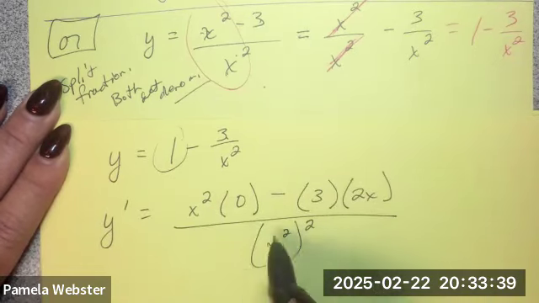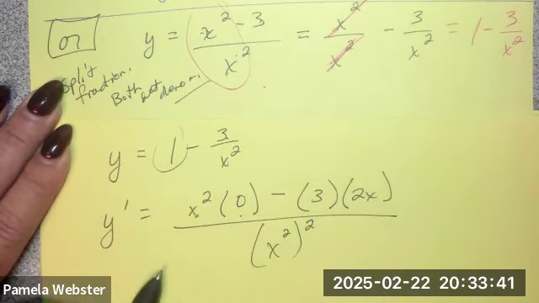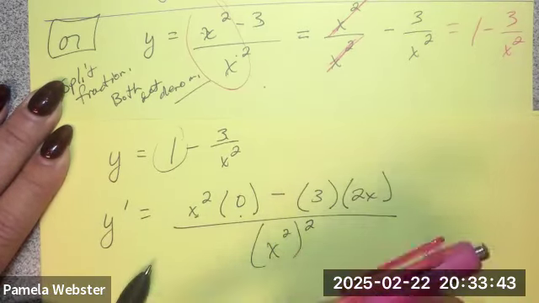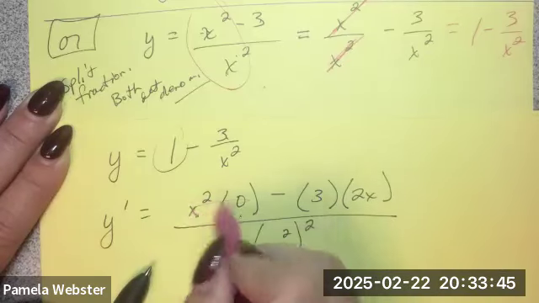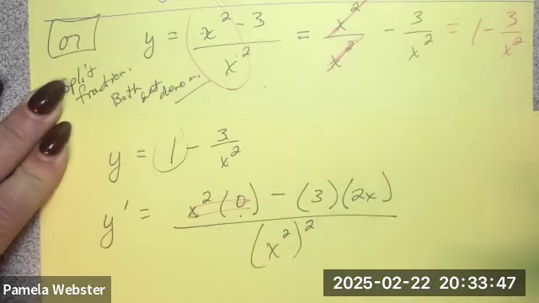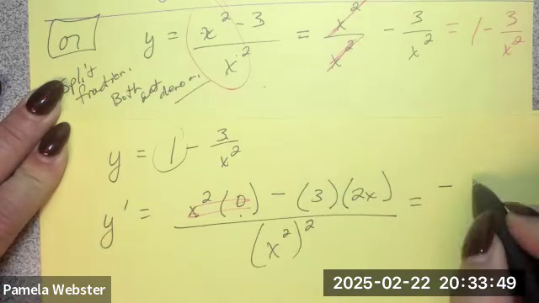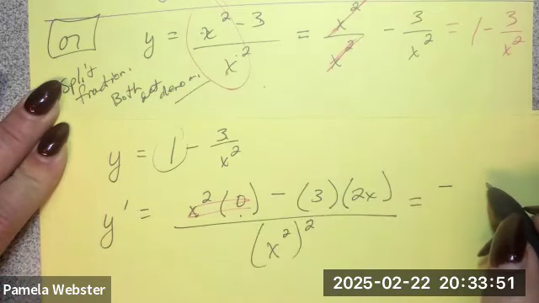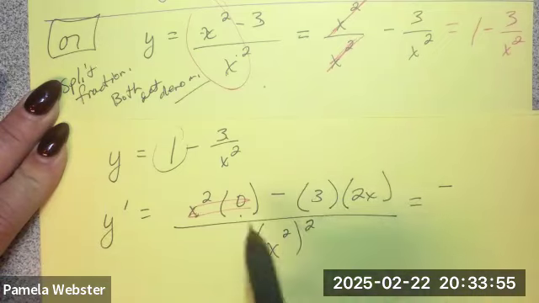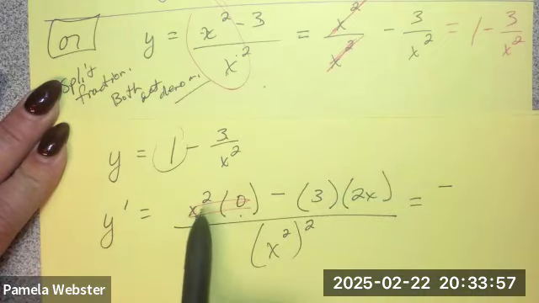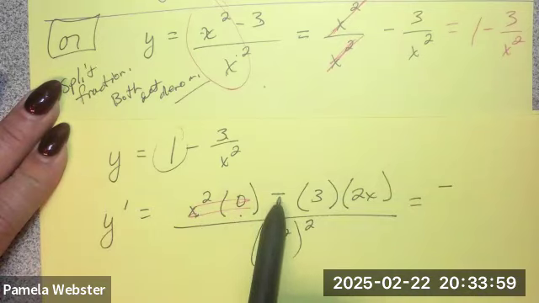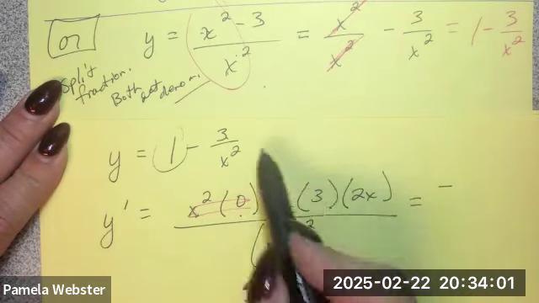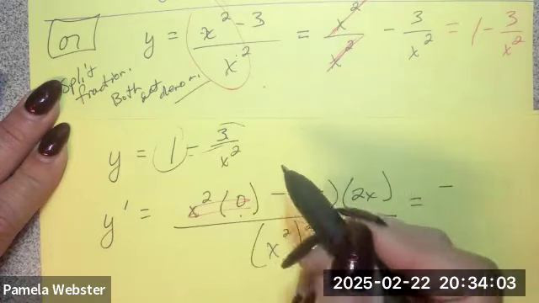Well, what happens when I do x squared times 0? That just goes away. So now I've got minus, is it a minus? Hang on. The bottom times the derivative of the top minus, oh, the top guy is negative.